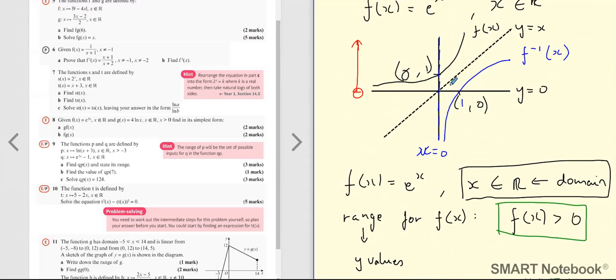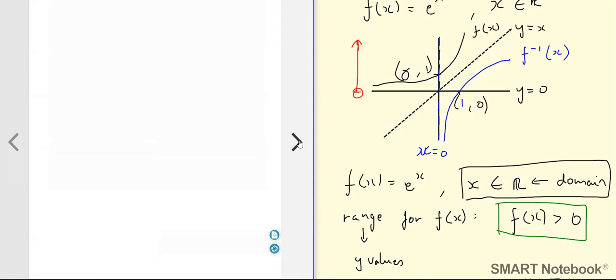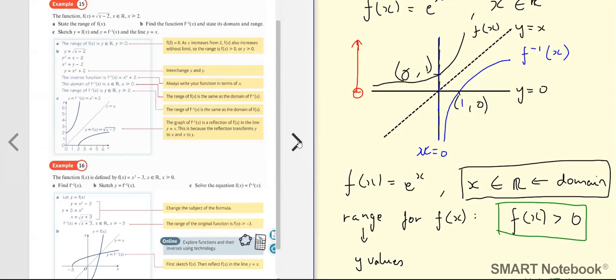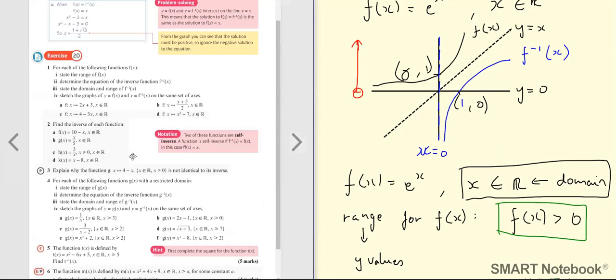So your x and y values have swapped around, essentially, is what has happened. Okay, and so that's why your domain and your range flip over. Right, okay. So I'm going to get you to answer some questions on here.